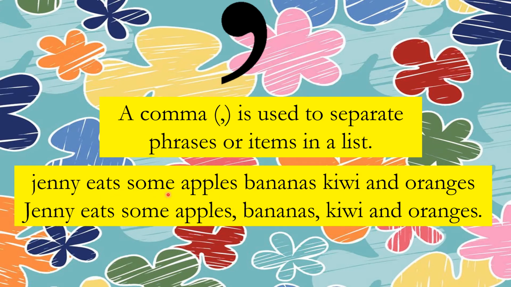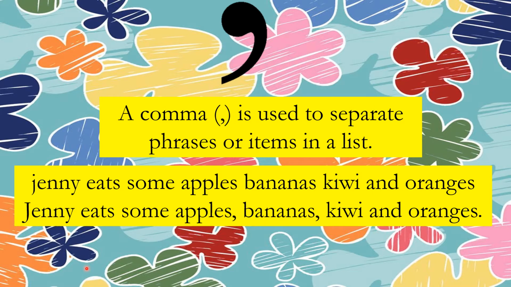Jenny eats some apples, bananas, kiwis, and oranges. If you see here, apples, bananas, kiwis, and oranges are not the same item. They are separate items, different items. So when you write it, Jenny eats some apples, comma, bananas, comma, kiwis, and oranges.